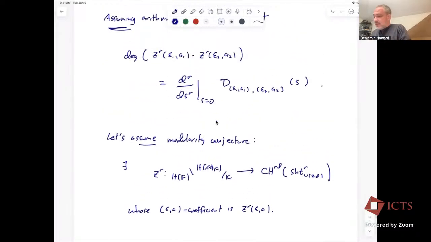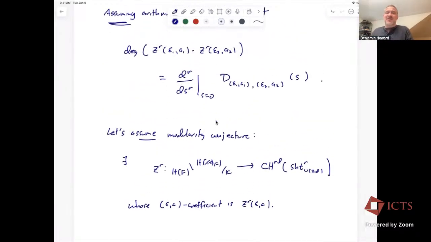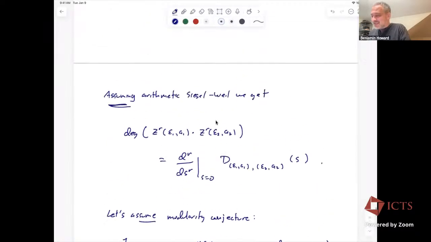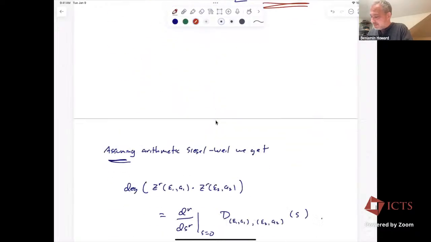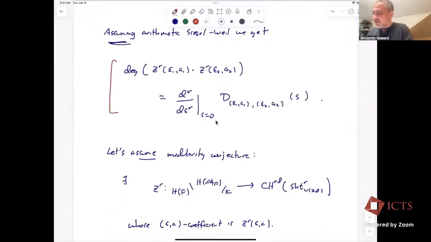Now, if you assume that such an automorphic form valued in the Chow group exists, what is this relation telling you about it?